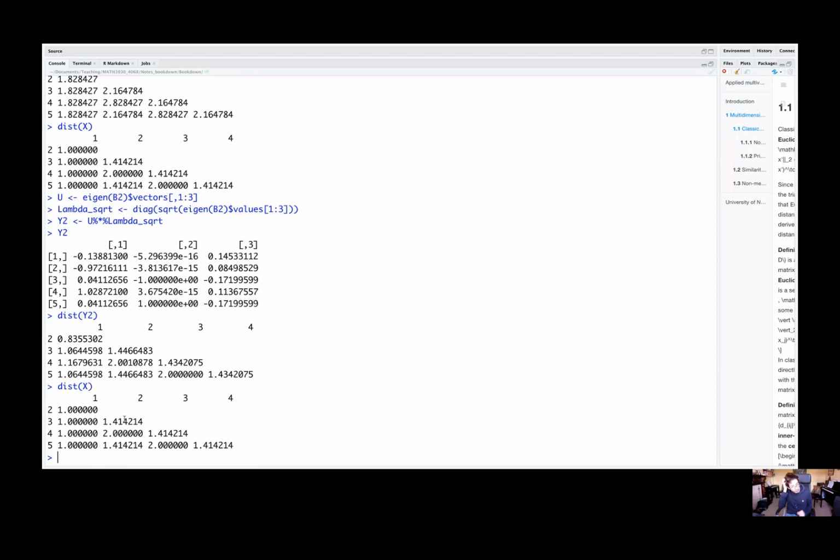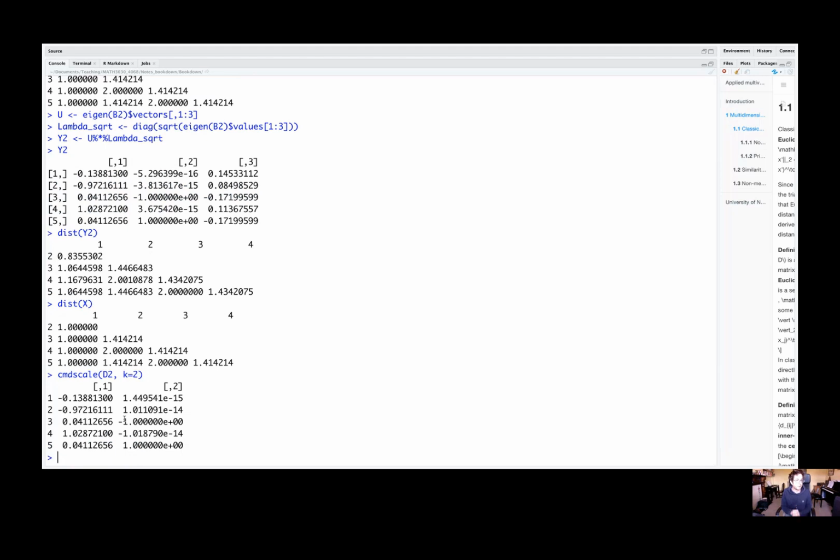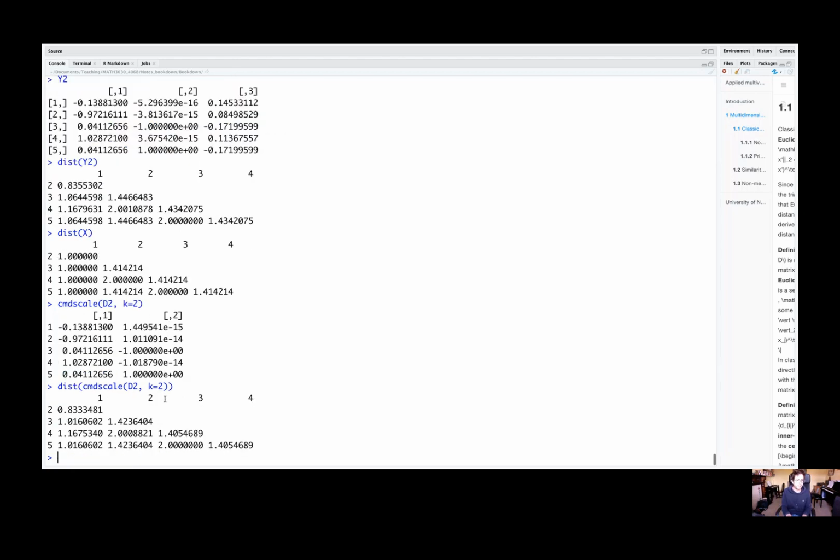So as always, there's an R command. If we do cmdscale, classical multidimensional scaling, we apply it to the matrix D2, and we get to specify the dimension of the points. If I specify dimension 2 here, we get this set of points returned to us. Let's look at the distance matrix here.